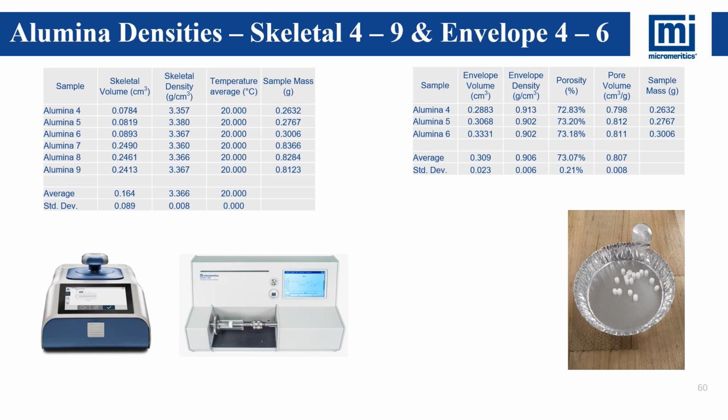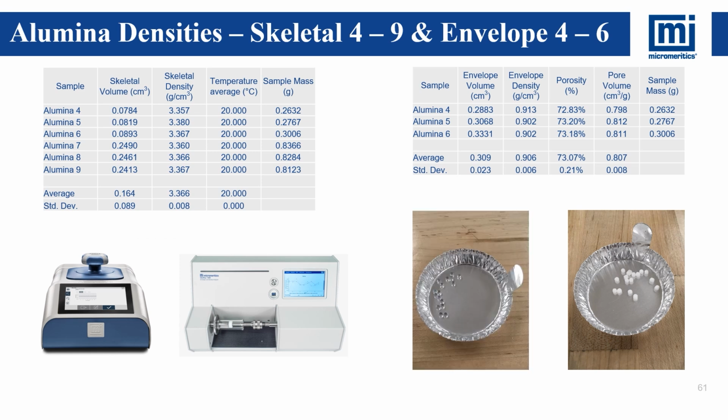In order to calibrate our conversion factor for small, roughly spherical beads, we analyzed 17 3mm glass spheres. These glass spheres are non-porous. So we would expect, since they're non-porous, for their skeletal volume and their envelope volume to be the same.